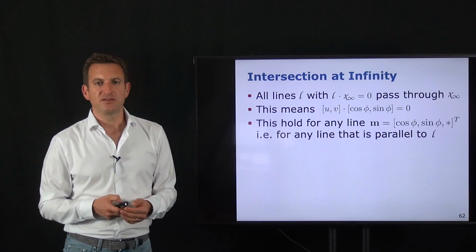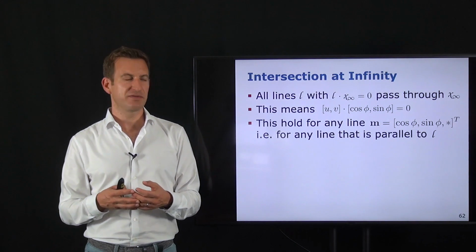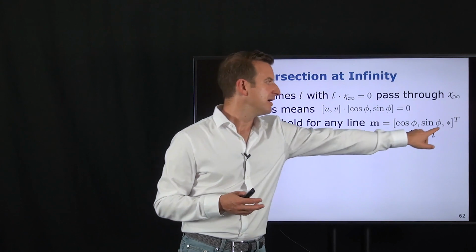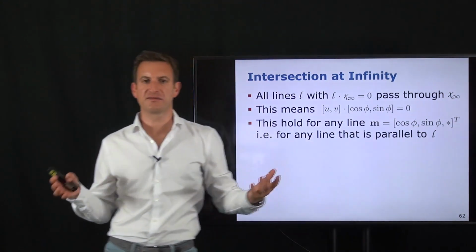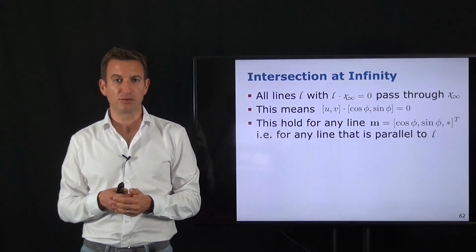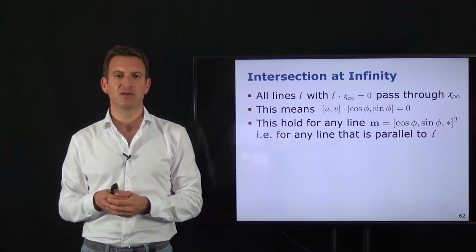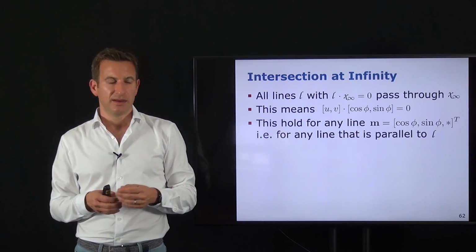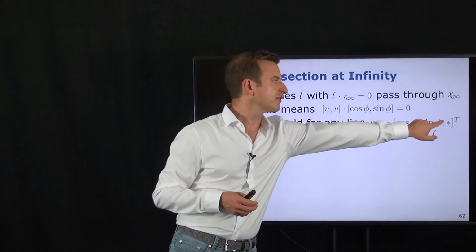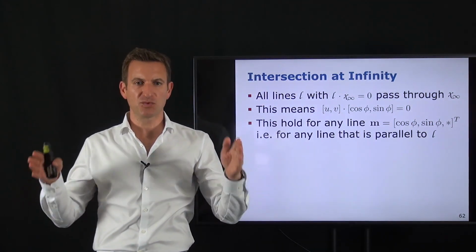So for all the lines of this form, the first two dimensions are fixed through the orientation of the line, and the third one, indicated with the star, is the free parameter. I don't care how far the line is away from the origin. All those lines will pass through x infinity. This equation, fixing the first two coordinates but leaving the last coordinate open, describes all the lines which look into the same direction.